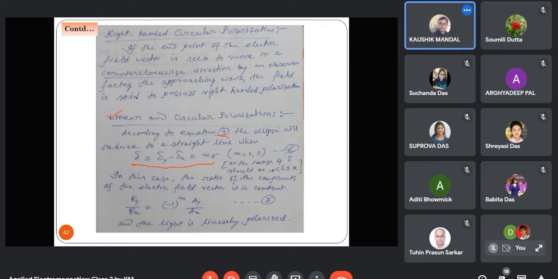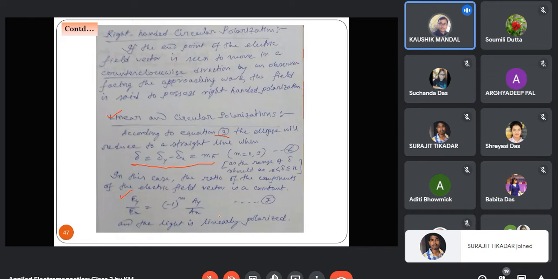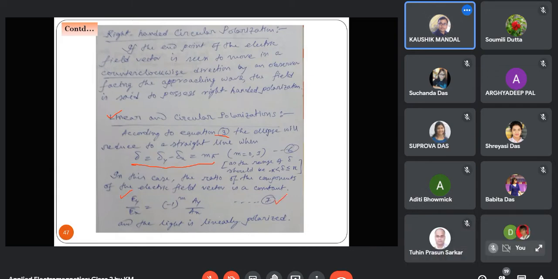That will be constant. In case of linear polarization, the ratio of these two electric field components, Ey and Ex, will be constant, and you can find it out using equation number 7.